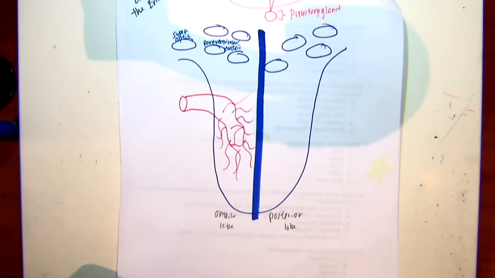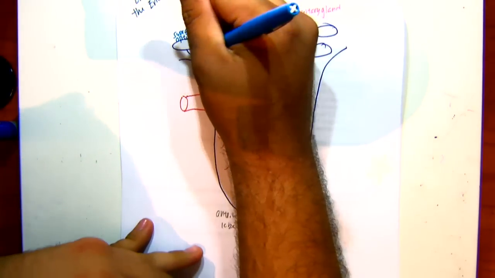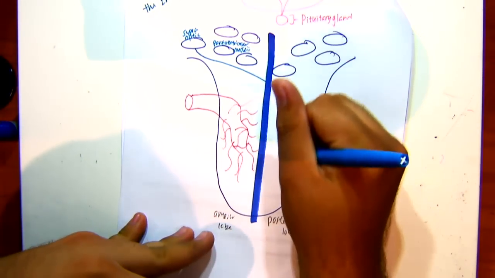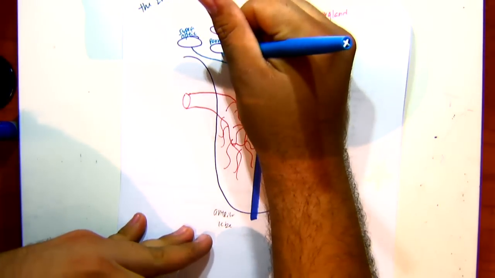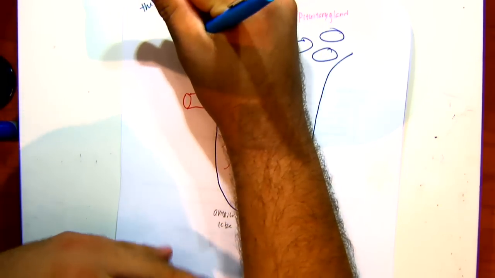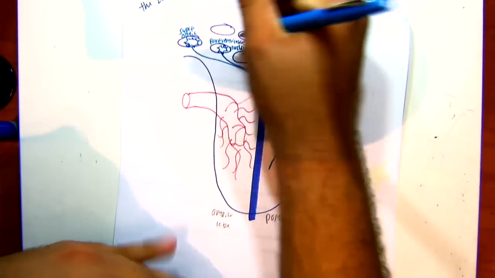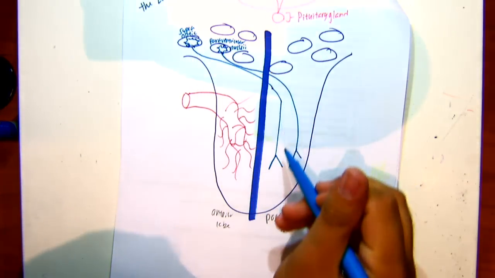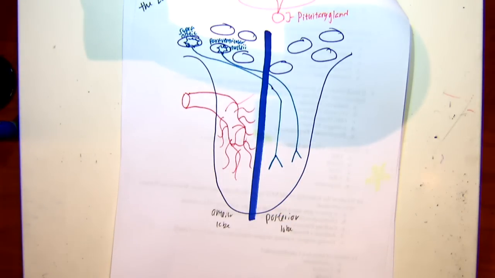They secrete 2 hormones, which we'll talk about soon, and they project through their axons into the posterior lobe. So the soma would be in the hypothalamus, and then their long axon extends to the posterior lobe.